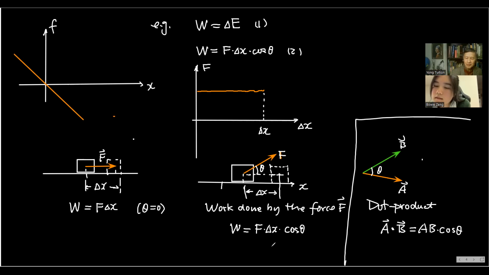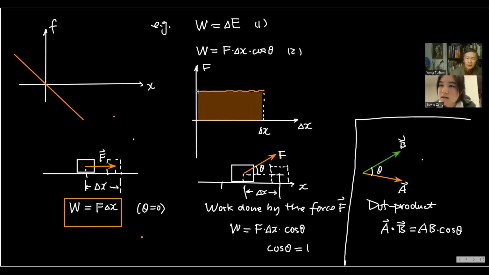So what is cosine 0? It is 1. So in this simple example, the work done will be exactly equal to this area. That is the graphical meaning of this force-displacement diagram.